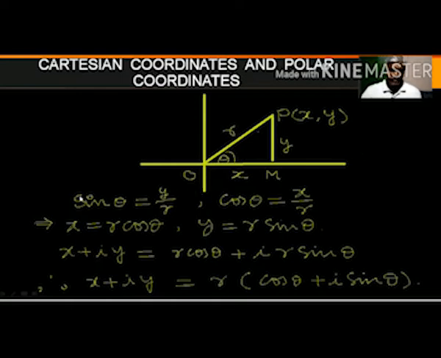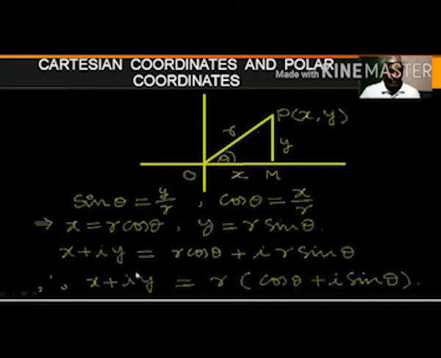So from this, if you take the sin theta ratio, opposite side by hypotenuse, that will be y by r, and the cos theta ratio, adjacent side by hypotenuse, is x by r. So cross multiplying these two, we get the x value as r cos theta and y as r sin theta.